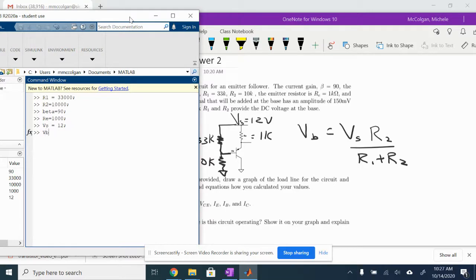Now, if I want to calculate VB, I can just write in the equation: Vs times R2 divided by R1 plus R2. And I get 2.7. Great, so that's the first thing.